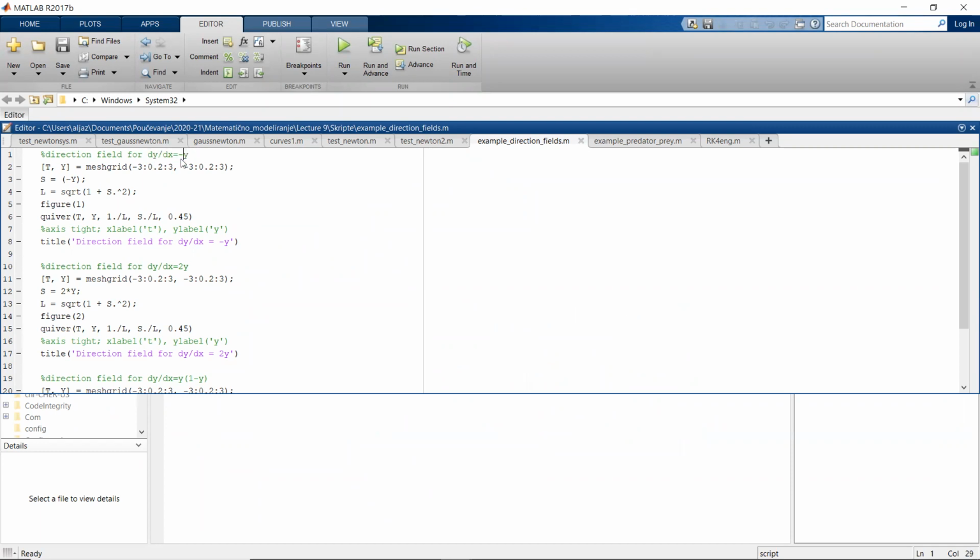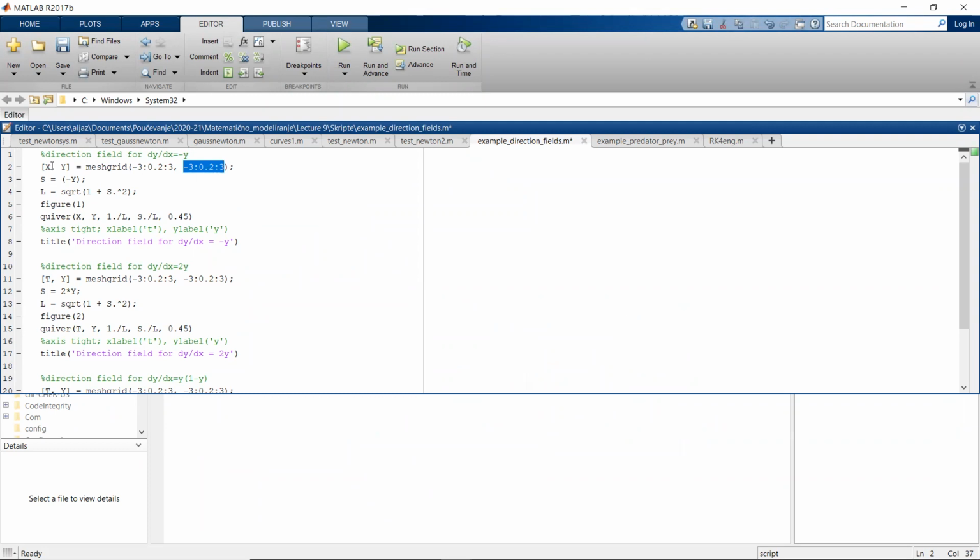So in this case, k is minus y, and the model will be exponential. Here it would be better to have x and y. So what we do is compute enough points on the interval between -3 and 3, and also y is on the interval between -3 and 3.